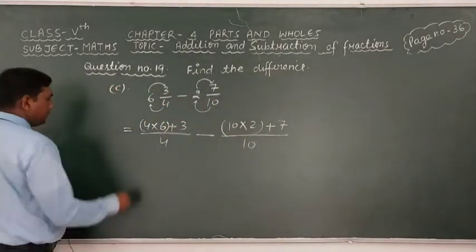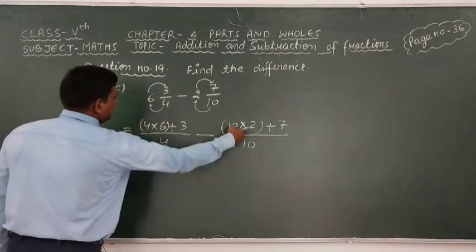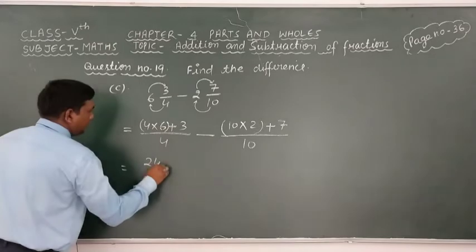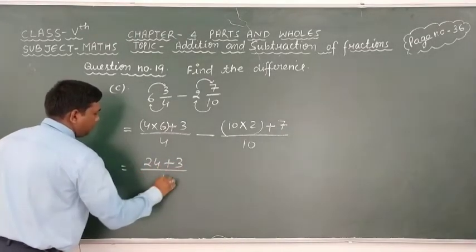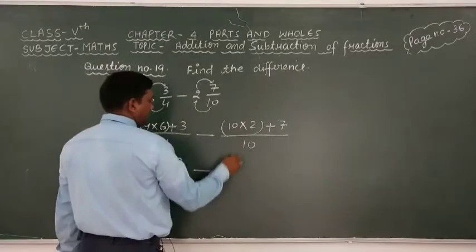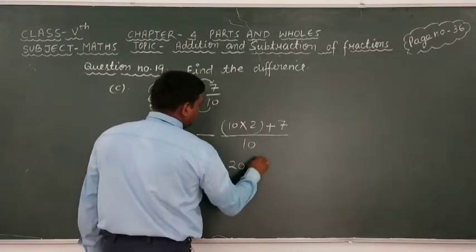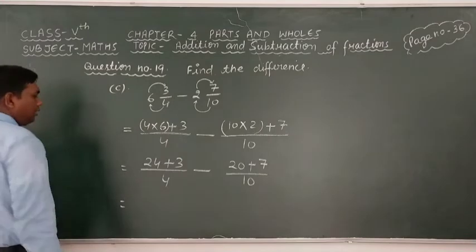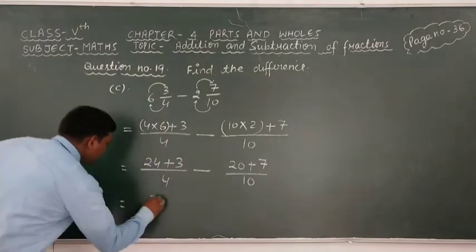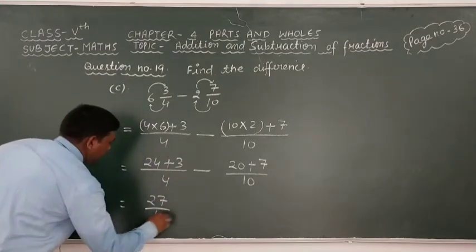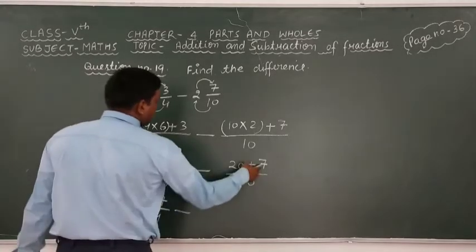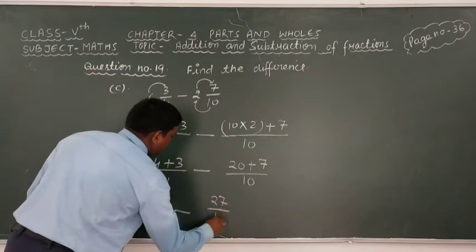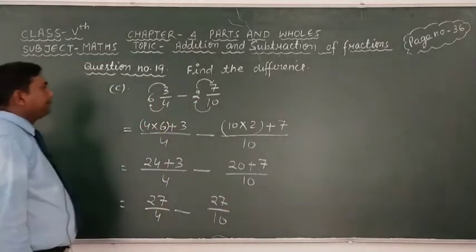Okay students, after multiplying these we get 4 6 are 24 plus 3 over 4 minus 10 2 are 20 plus 7 over 10. After adding these we get 24 plus 3 is 27 over 4 minus 20 plus 7 is 27 over 10. Okay, understand?